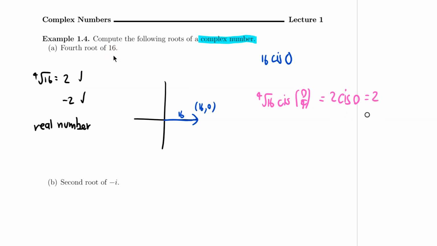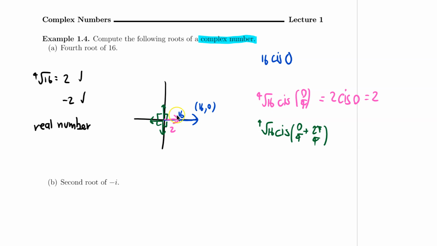Now to find the rest of them, my pink one is this guy. This is just 2. The other 3 will form equal angles between them. So this guy, this guy, this guy. Because there are 4 of them, each of these angles is going to be just 90 degrees. So this guy is going to be the fourth root of 16, cis of 0 over 4 plus 2 pi over 4.